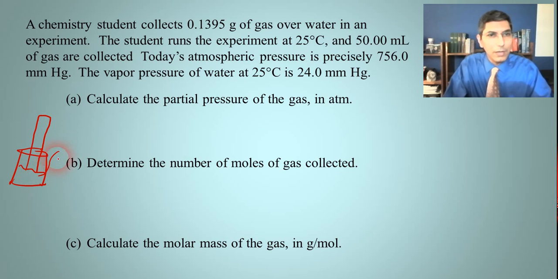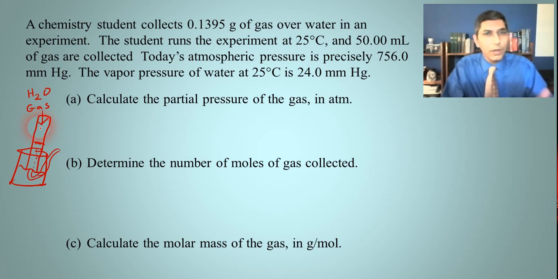The gas is bubbling out, and in this little area here we actually have a mixture of water vapor and the gas. We know the amount of water vapor in there is equal to the vapor pressure of the water, whereas the gas is going to be whatever the rest of that is.